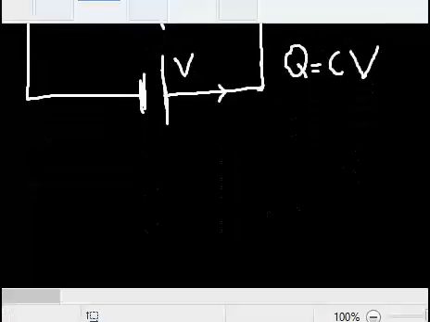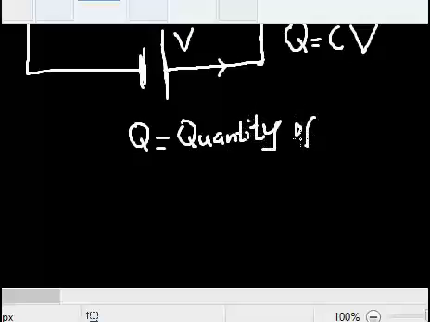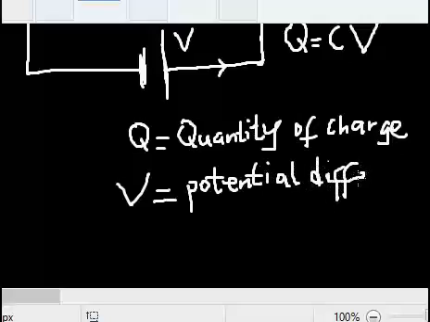Let's write them down. Let me start with Q. Q is the quantity of charge. V is the voltage supplied, or what we call the potential difference, supplied to the capacitor.